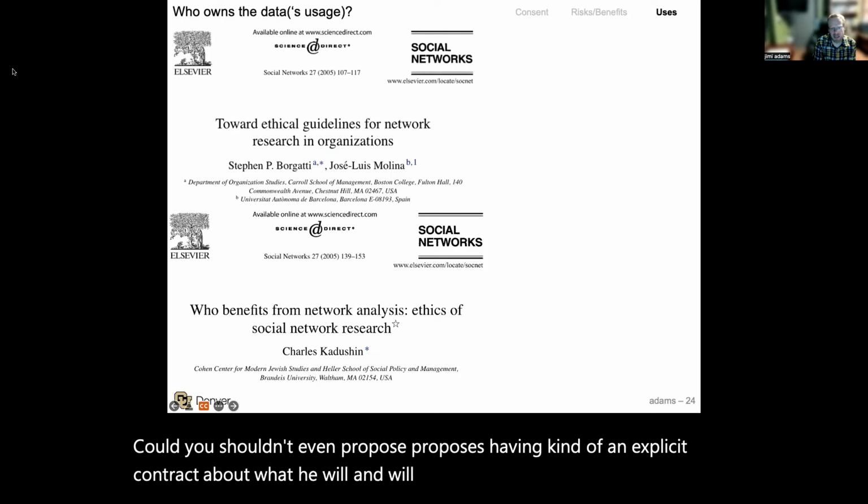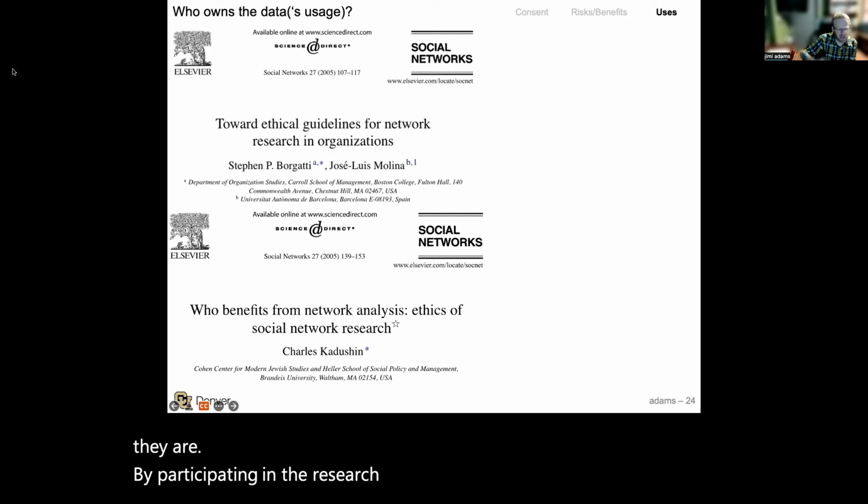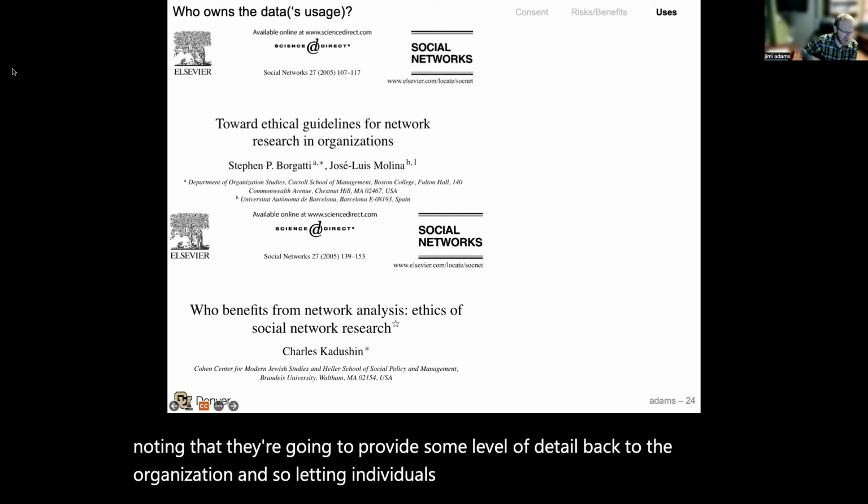the organization, whereas Borgatti and Molina's piece actually has a contract where, by participating in the research, they're explicitly noting that they're going to provide some level of detail back to the organization, and so letting individuals in the study know that that's going to happen.